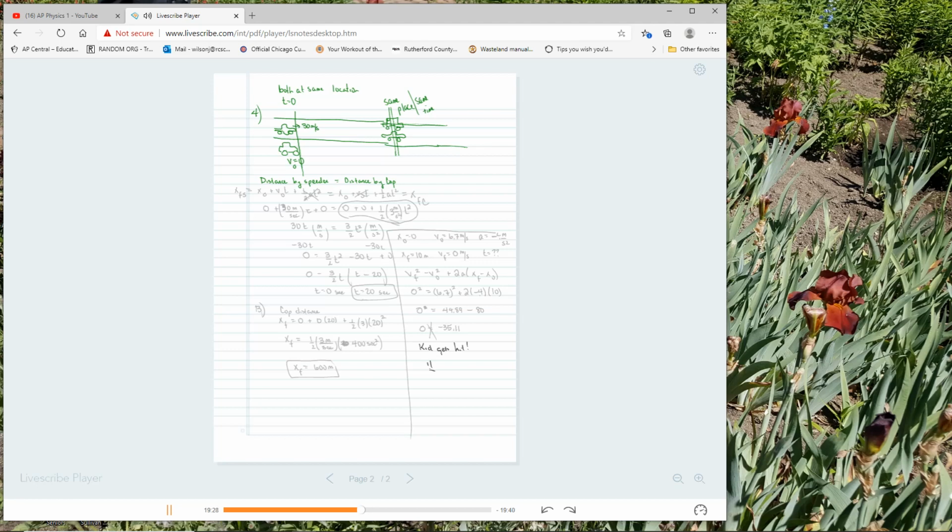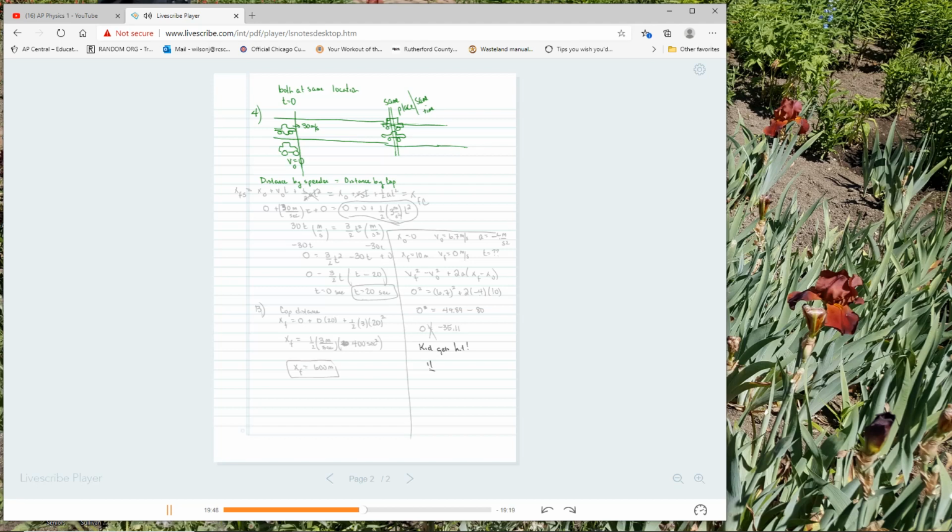But I can do this: if I know how far the speeder went in some amount of time, it was the same time for the cop. So even though I don't know the time, it's the same time for both of them. And then maybe it'll cancel out. So that's where we're going with this.